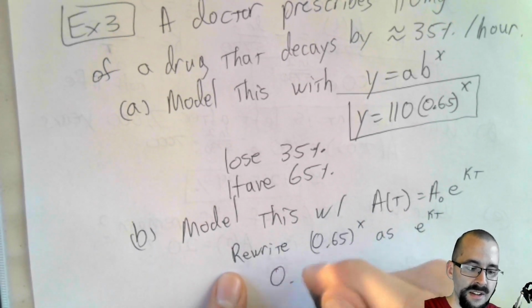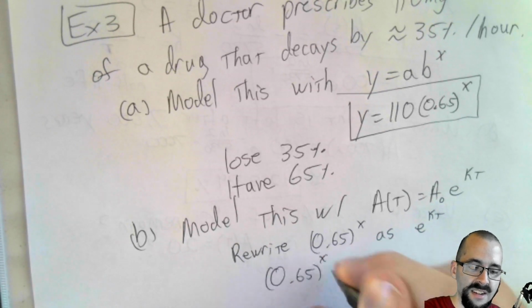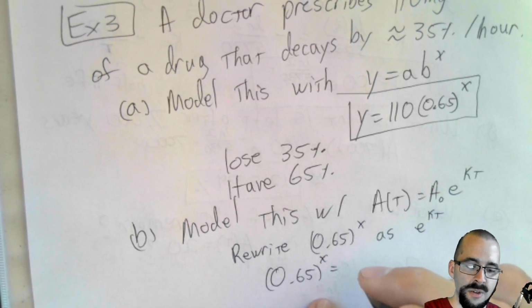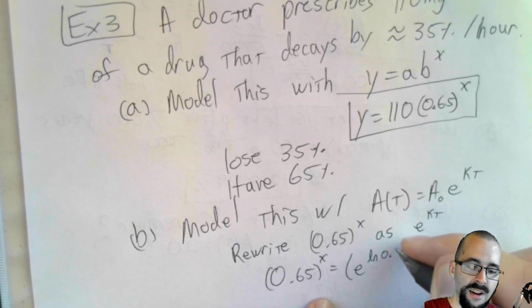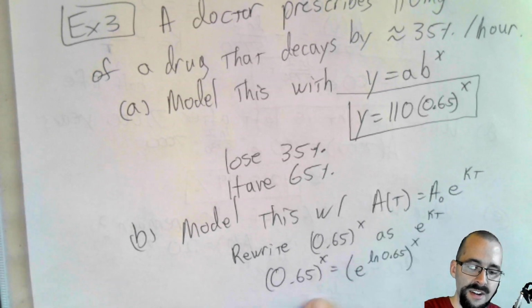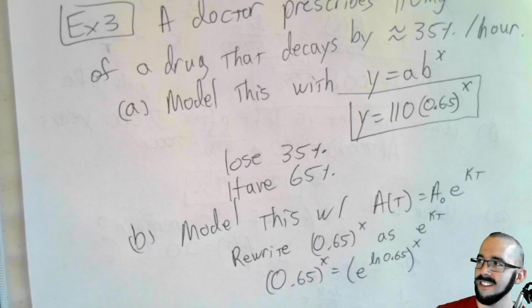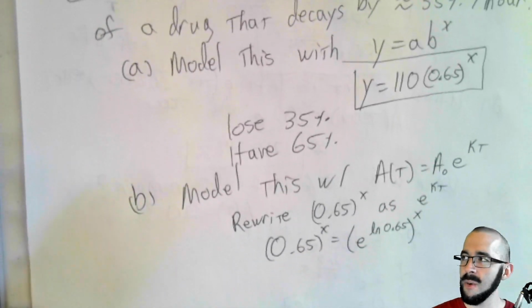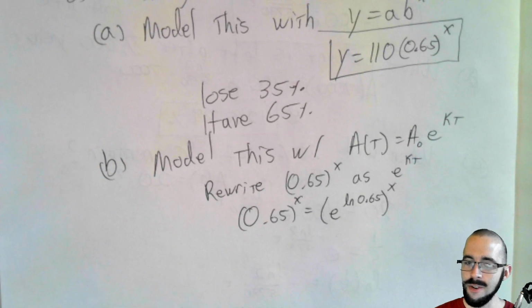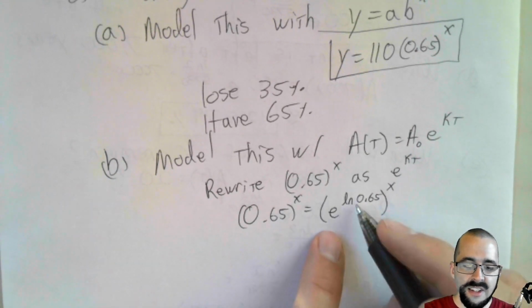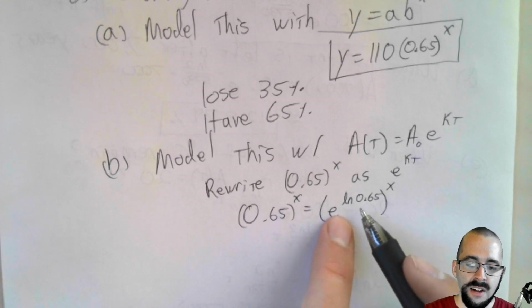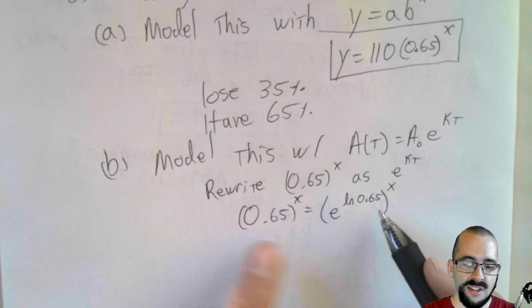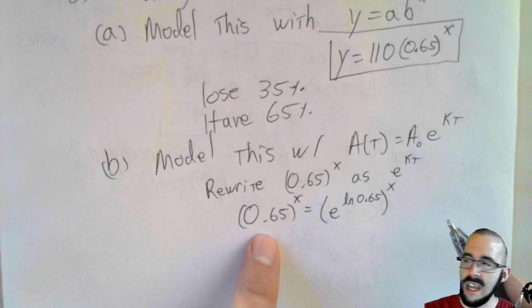Would you agree that 0.65 to the x is equal to e to the natural log of 0.65, all to the x? It looks a bit weird, but it's true. These are inverse functions of each other. E to the natural log, they cancel out. We're just left with 0.65, which is exactly what we had.